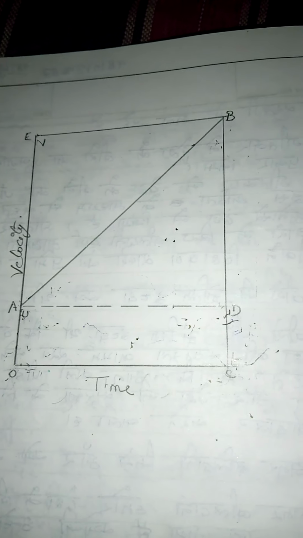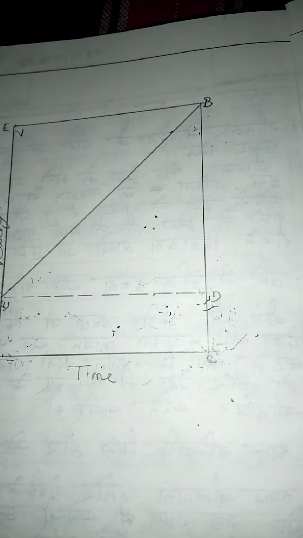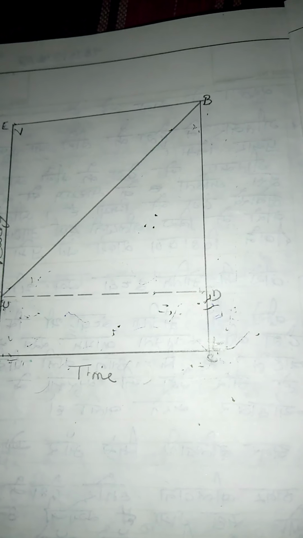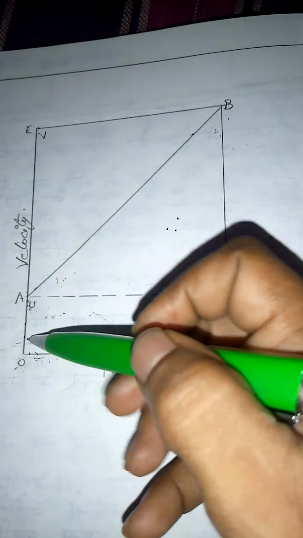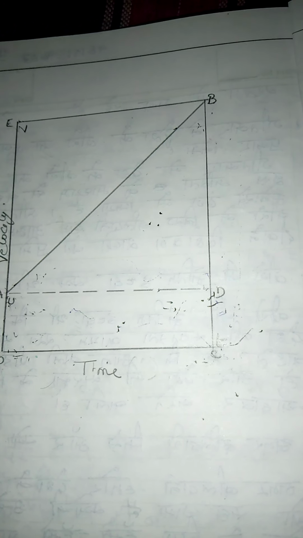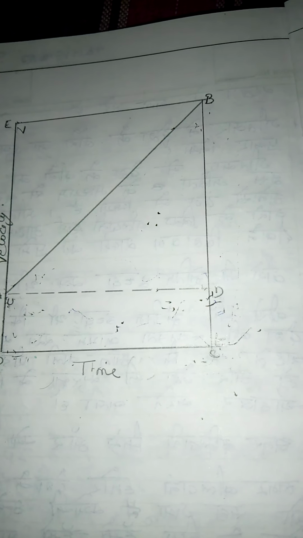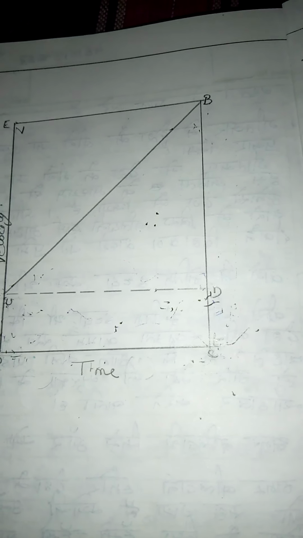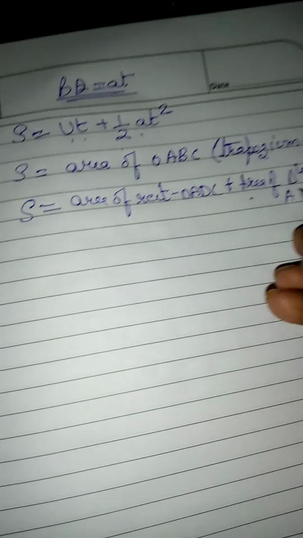So let's write, we divide it into area of rectangle, which is OADC, plus area of triangle, which is ABD.